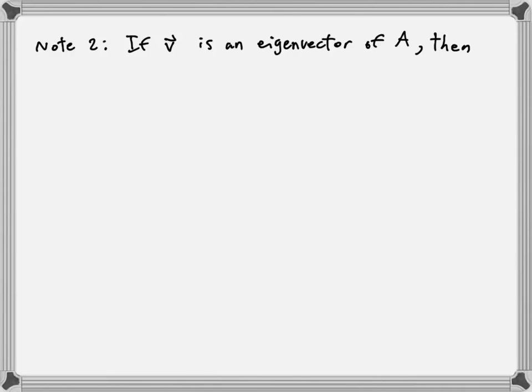Second note: if V is an eigenvector of A, then so is any scalar multiple of V. What is the proof?